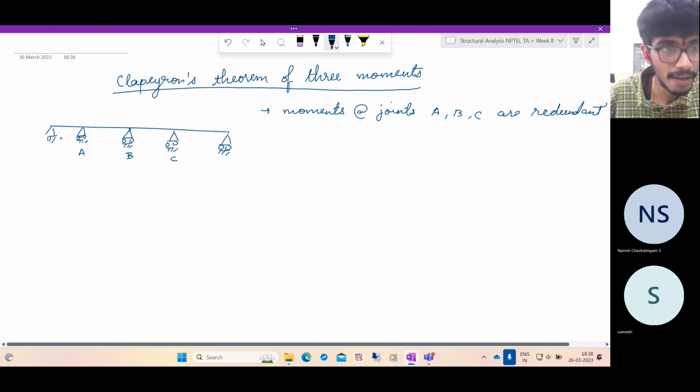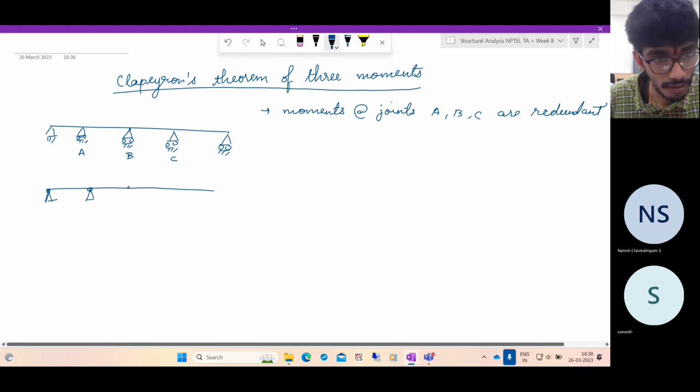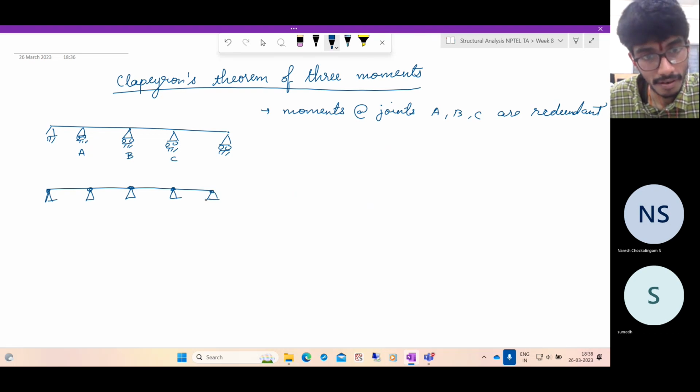Now, how does that help? It helps because once you release the moments, you have a series of beams. In order to release a moment, you put internal hinges, right?